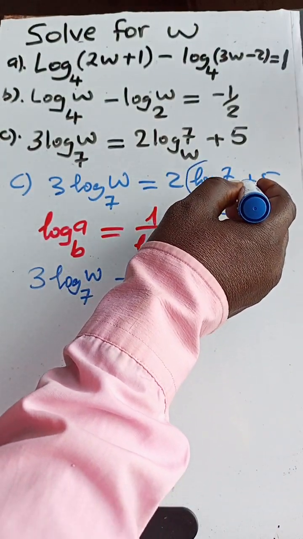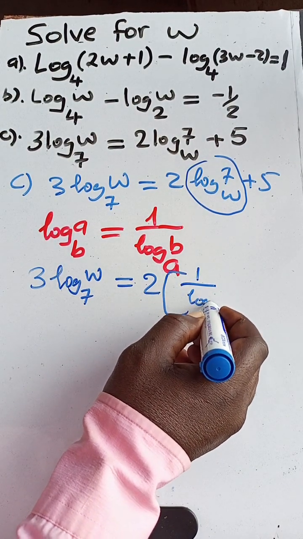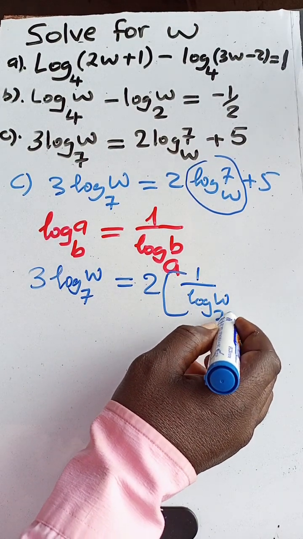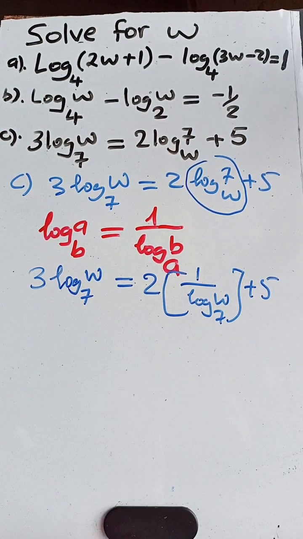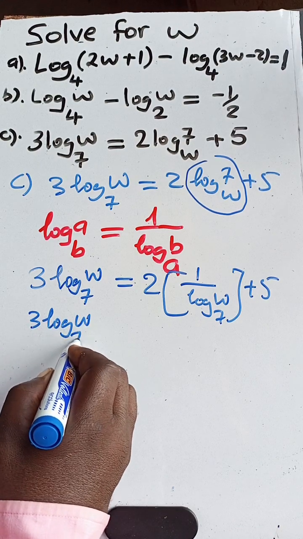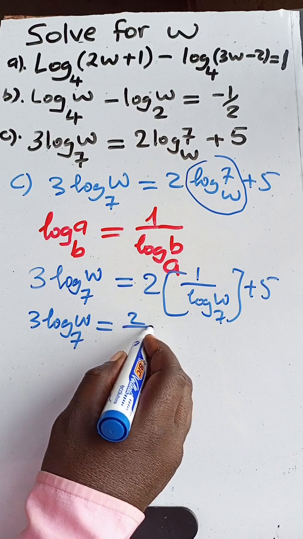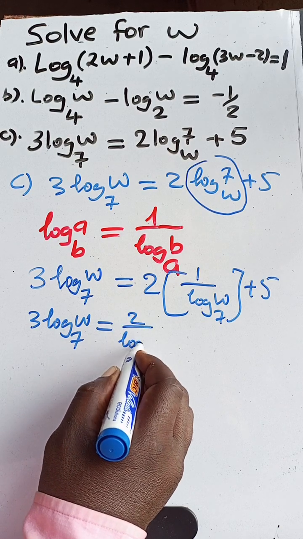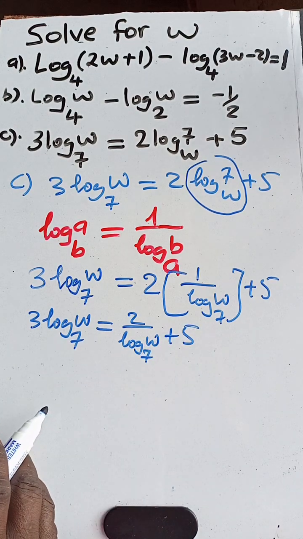Pay attention, we're applying the law here into 1 all over log W base 7 plus 5. So this gives us 3 log W base 7 is equal to 2 all over log W base 7 plus 5.